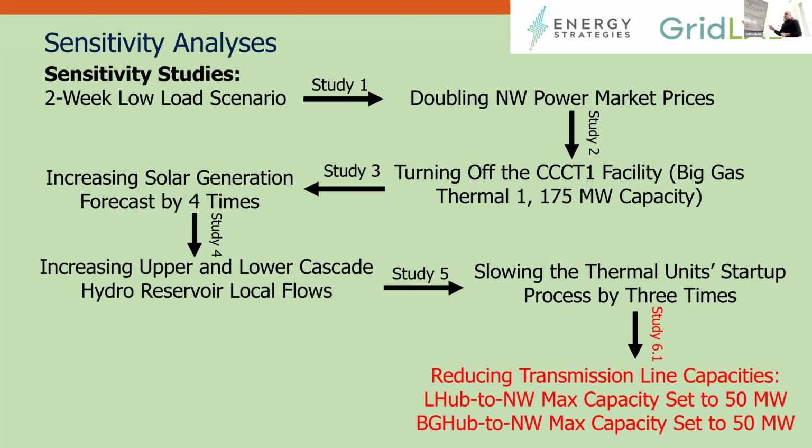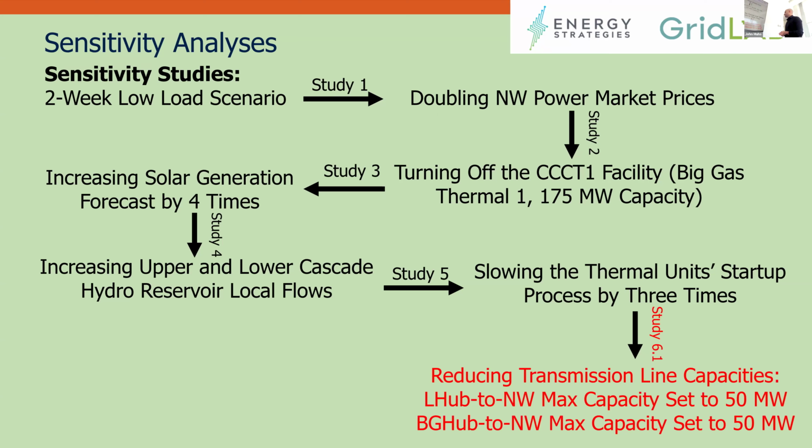The reason that I'm naming it like this is because 6.1 and 6.2 are both for transmission lines, so they are related. For 6.1, I'm reducing the transmission line capacities for 2 of the lines. Both of the lines go to the Northwestern Power Market Hub, Legion Hub to Northwestern, and Big Gas Hub to Northwestern.